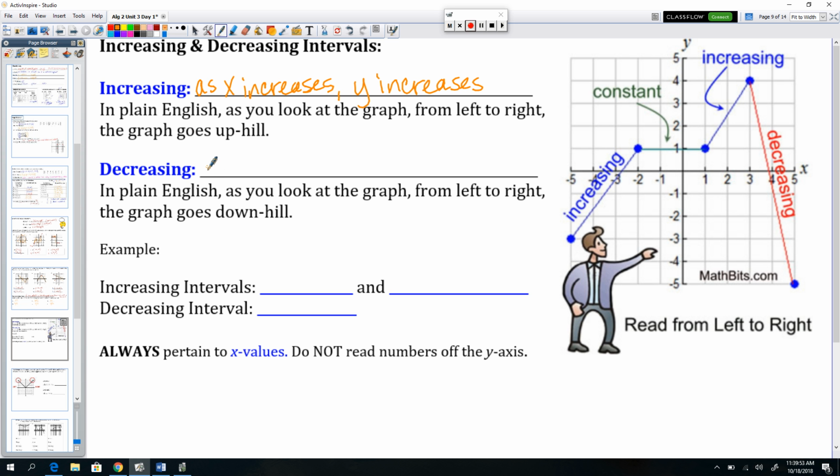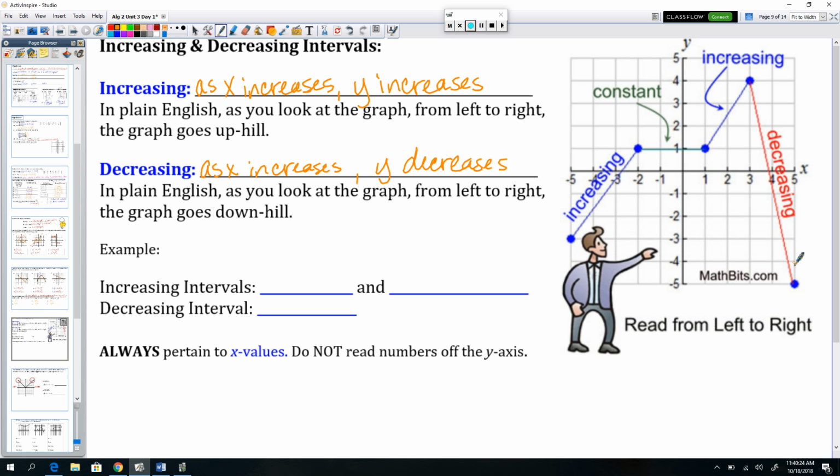On the other hand, for decreasing, in math terms, as x increases, y decreases. That's the math way of saying what you see with your eyes here. As the x values go right, as they go positive, the y values go down, they decrease. In plain English, when you look at this from left to right, the graph goes downhill. Not a difficult concept to understand with our eyes.